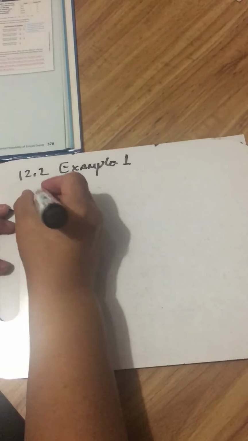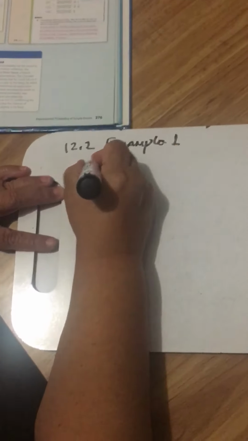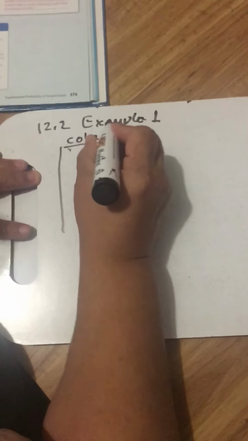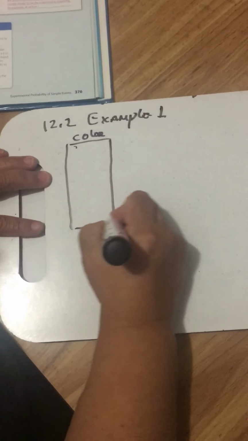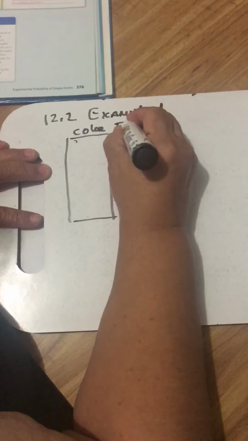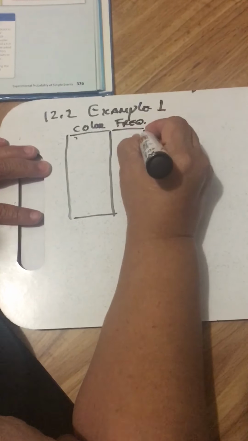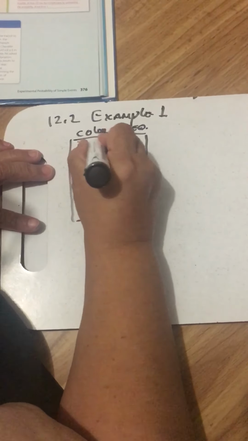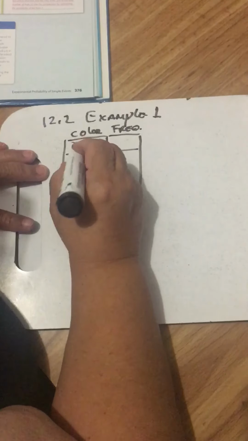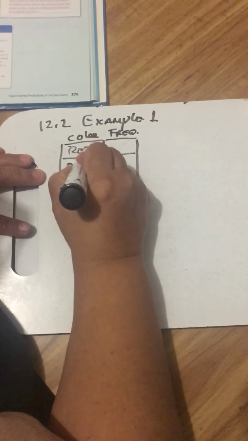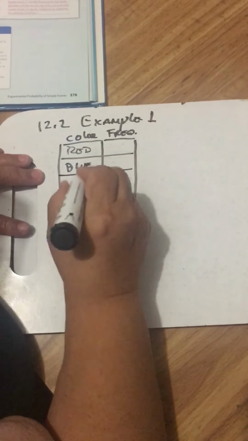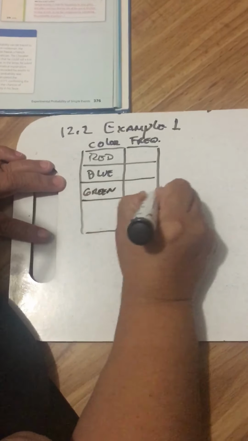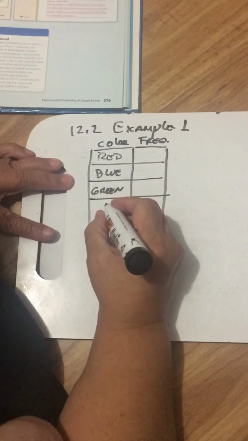Okay, we have this table. Here is the color, and here we have the frequency. It's going to be red, blue, green, and yellow.